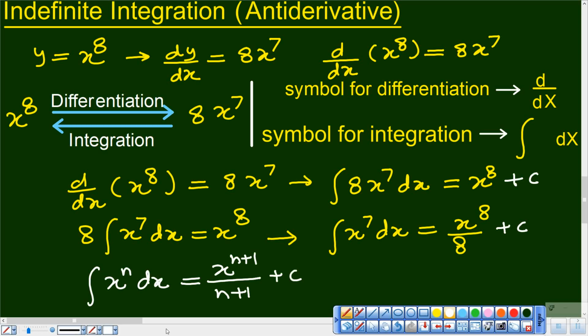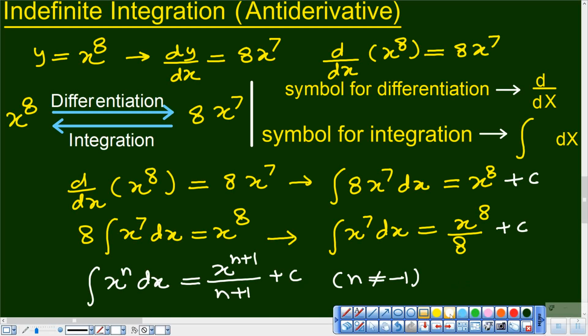The only restriction is that n should not be equal to minus 1. Why? If n is equal to minus 1, then the denominator will become 0, and it is not allowed to divide by 0, as I told you already.